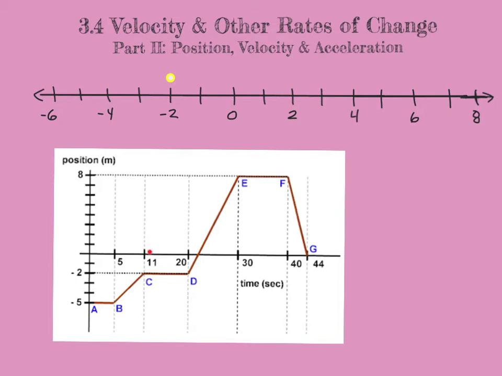What does our particle do next? From seconds 11 until 20, from C to D, our particle remains stuck at the position -2. Its velocity is 0 because it is not moving. Then, at second 20 through second 30, so over the next 10 seconds, our particle moves from the position of -2 on the number line all the way to 8 over 10 seconds.